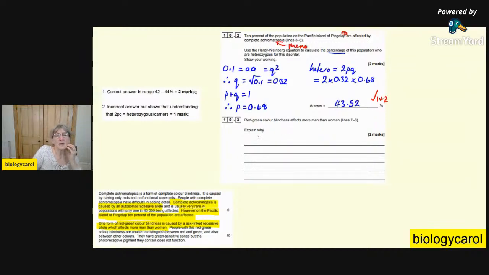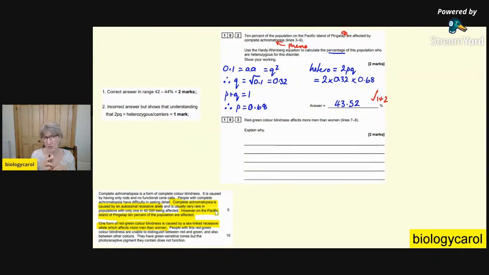Colour blindness affects men more than women. So here we are, sex-related recessive allele. It just tells you it's sex-linked. Sex-linked means that the gene is only on the X chromosome. And certainly at A level, there are no alleles on the Y chromosome.